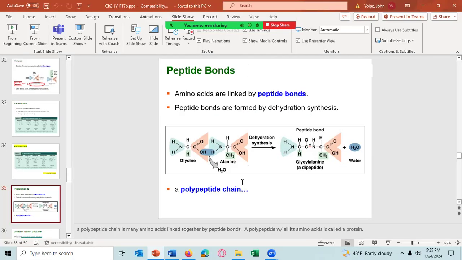All right, so amino acids are linked together by a peptide bond. A peptide bond is where a nitrogen is bound to a carbon. That's actually a rare bond, not only in living organisms, but in the universe. Nitrogen isn't bound too often to carbon.